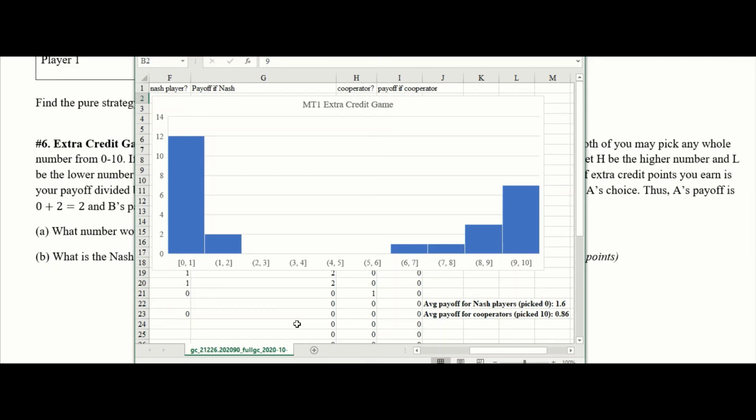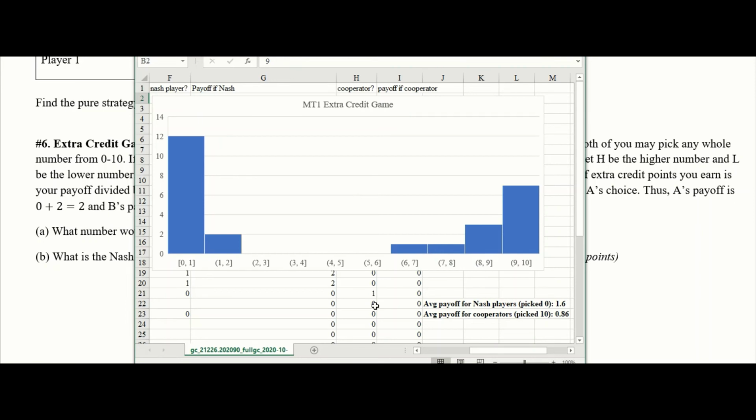So the cooperators had a big reward if they met another cooperator, but more often than not, they got exploited by a Nash player. Now if a Nash player meets another Nash player, they're both playing 0, which means they both get a payoff of 0. However, if a Nash player meets a cooperator, then the Nash player gets a positive payoff because they're undercutting that cooperator. So it turned out that gave a bigger payoff for the Nash players.